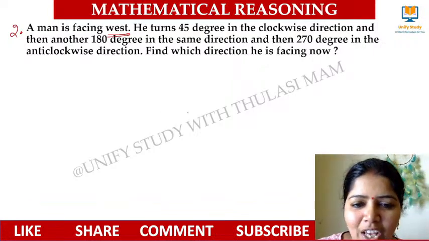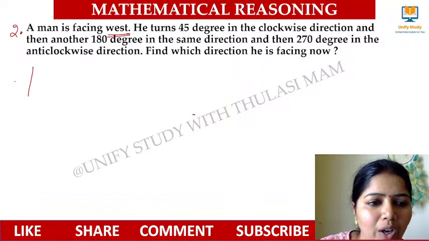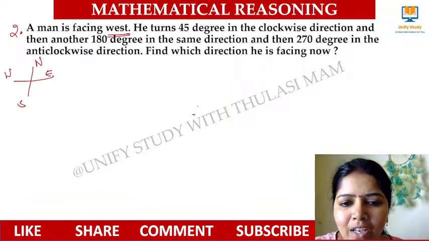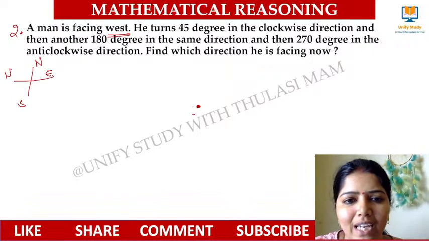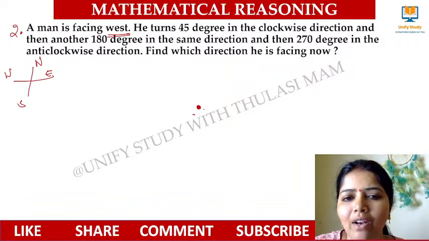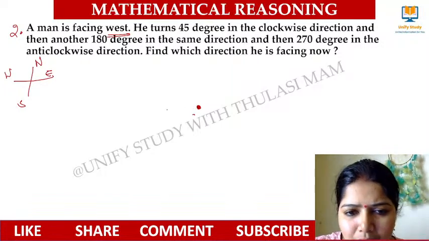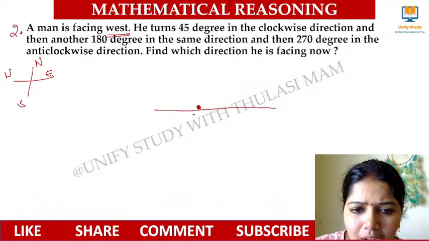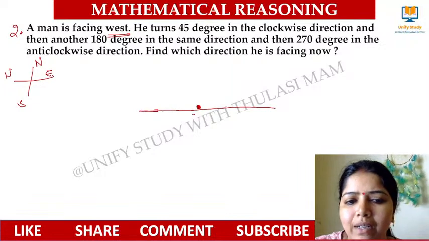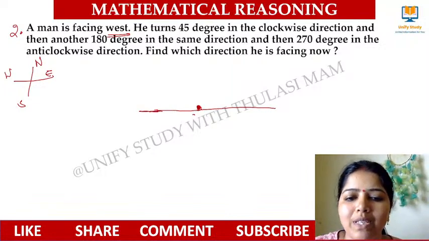Easy, right? You can draw north, west, east, south for understanding. He is facing west, so this is the direction he is facing. He turns 45 degrees. If you want clarity, you can also draw a line so that you will not make a mistake.